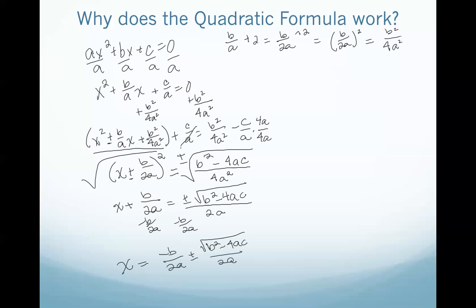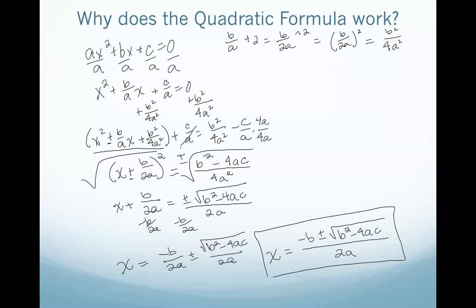Now these have a common denominator, so I can rewrite this as a single fraction. x is equal to negative b plus or minus the square root of b squared minus 4ac all over 2a. So the key here is that I started with any quadratic equation.